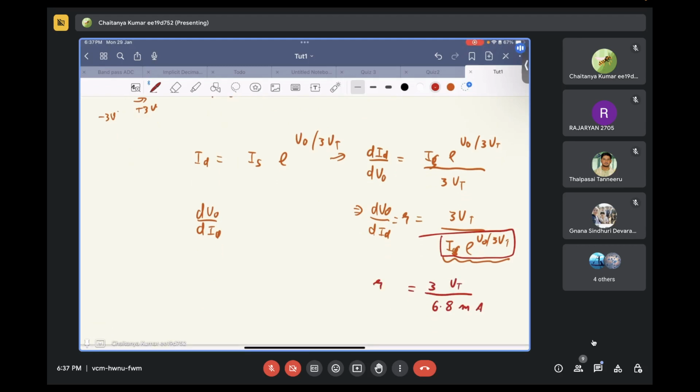So what we have over here is 3 Vt divided by 6.8 milliamps, which is going to be our incremental resistance. Now, plugging in the value of Vt as 25 millivolts, can you quickly tell me the output resistance you are going to get?